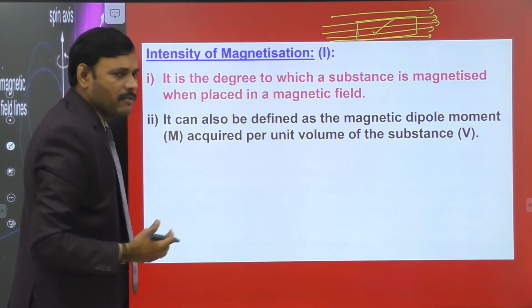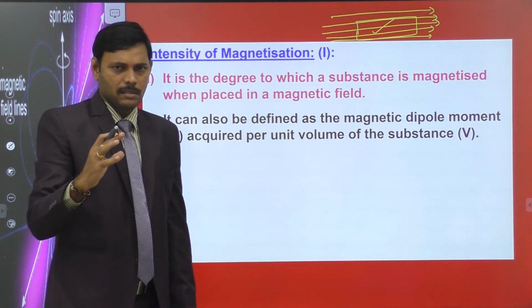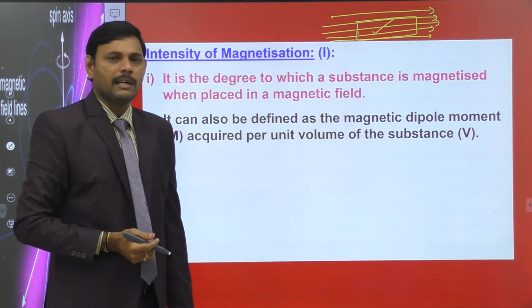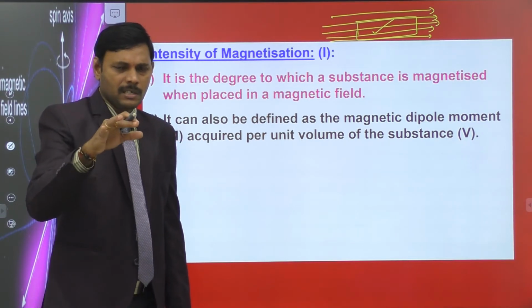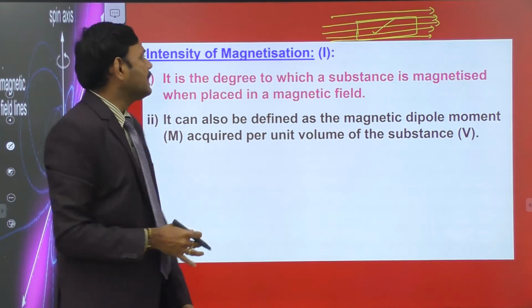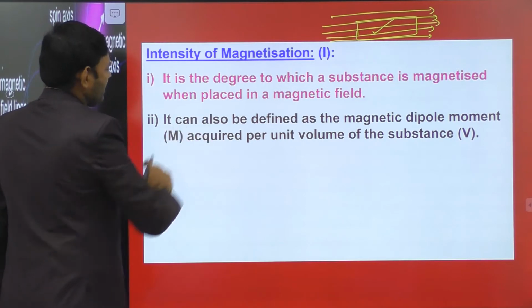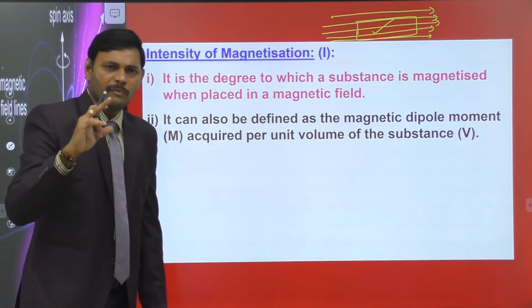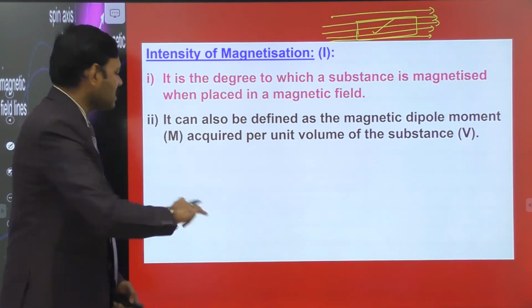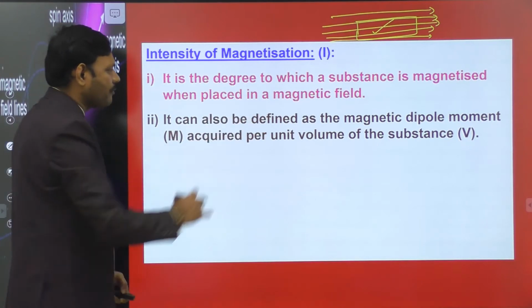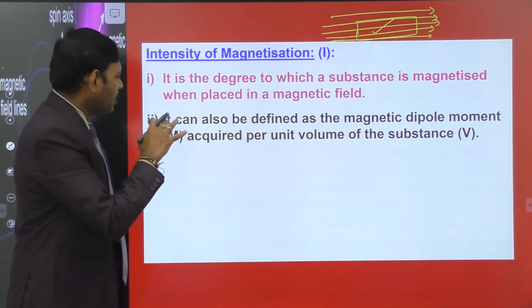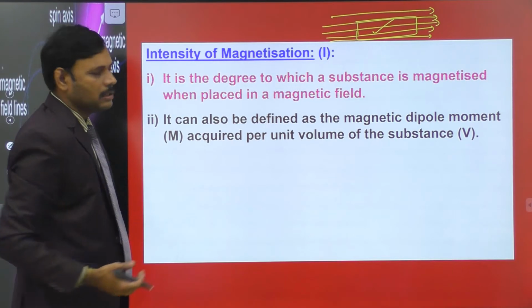It is the process in which a material is magnetized, and that phenomenon is known as intensity of magnetization. But numerically, this is the second definition: we find the intensity of magnetization by using the second definition. It can also be defined as the magnetic dipole moment acquired per unit volume.